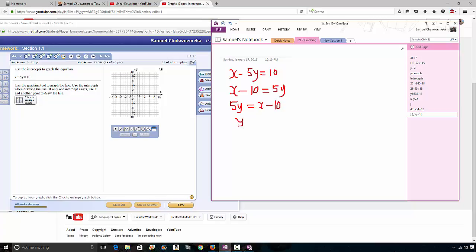So y will be 1 over 5, divide both sides by 5. 1 over 5 times x minus 10 over 5. So y will be 1 over 5 times x minus 2.